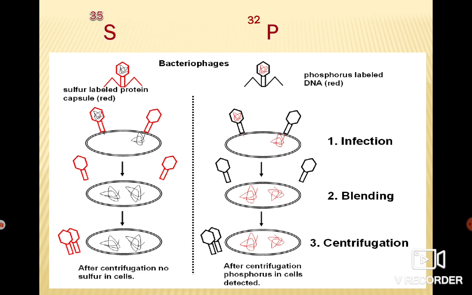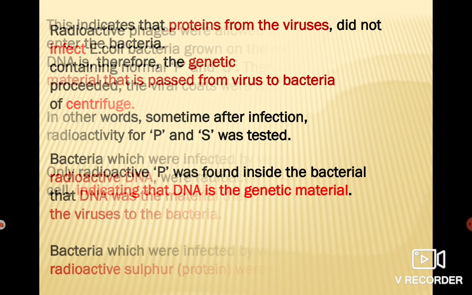So DNA enters into that bacterial cell and governs its machinery during the replication of the bacteriophage. And this clearly proves that the information about the replication of the bacteriophage is present in DNA and not in protein. So genetic material is DNA, it is not protein. So our information carrying molecule is DNA and it is not protein.